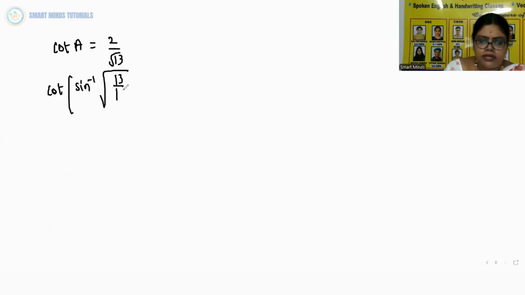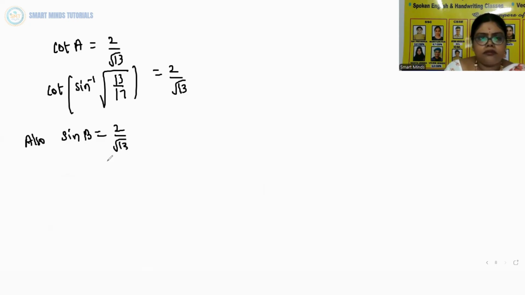Now we got cot A equals 2 by root 13. But what did we assume A as? We assumed A as sin inverse root over 13 by 17. That is 2 by root 13. And also we got sin B as 2 by root 13. So sine of, what did we assume B as? Tan inverse 2 by 3.